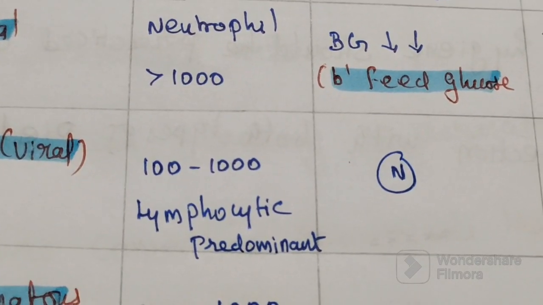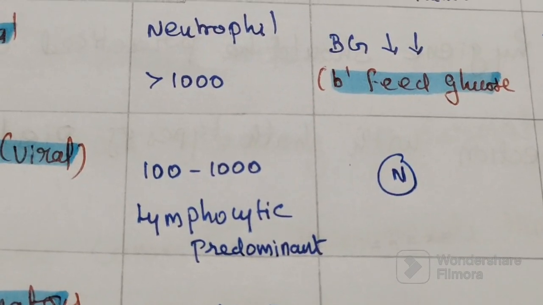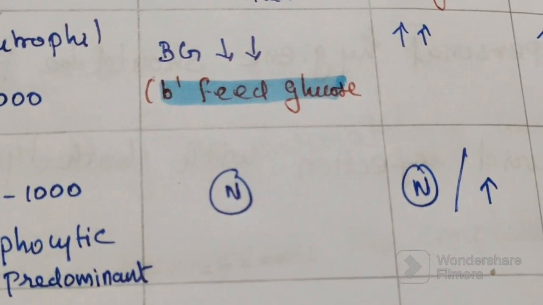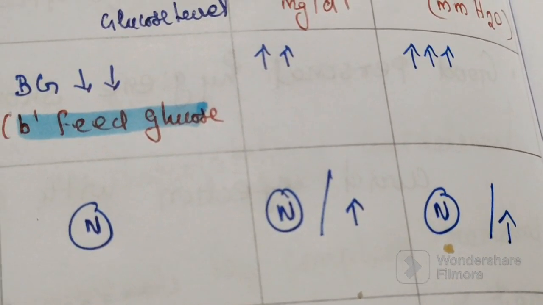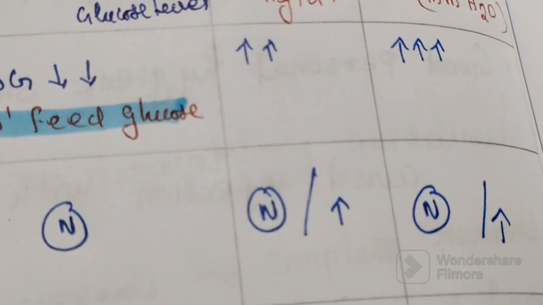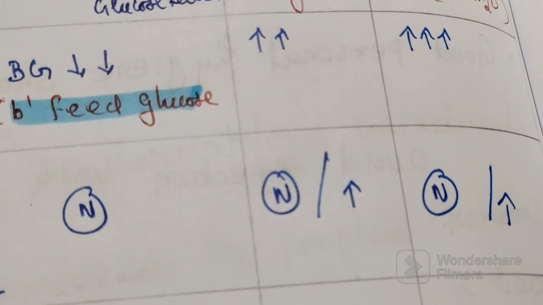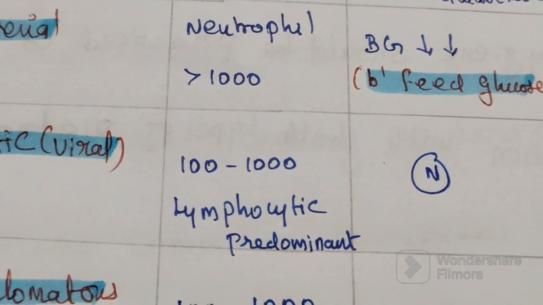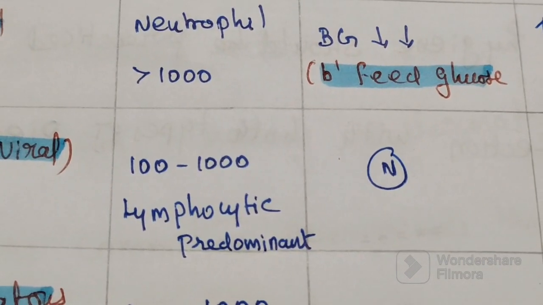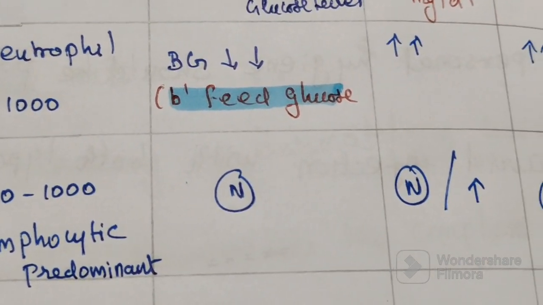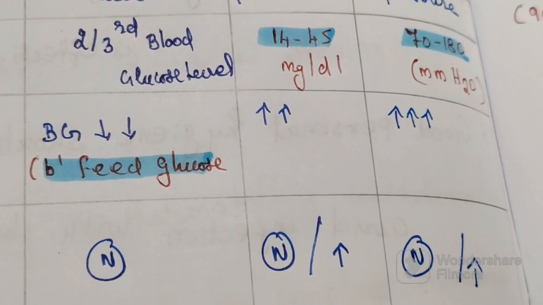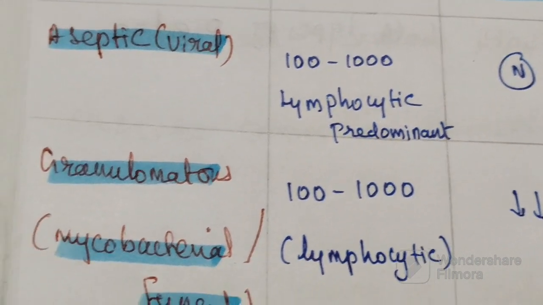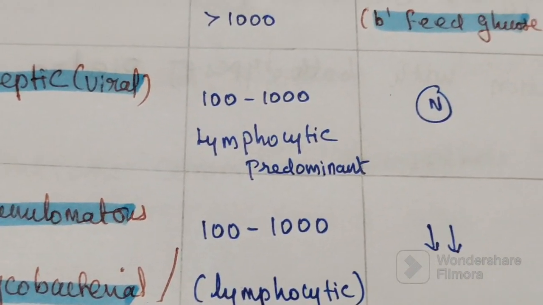It will be lymphocytic predominant, glucose is normal, protein may be normal or increased, and pressure also will be increased or normal. Recall that in bacterial meningitis, the glucose is low because the bacteria feed on the glucose.